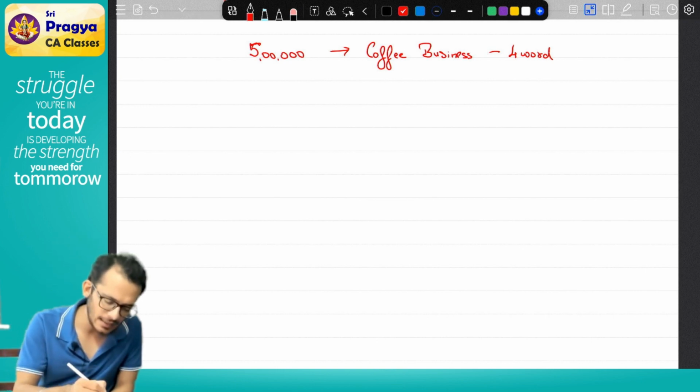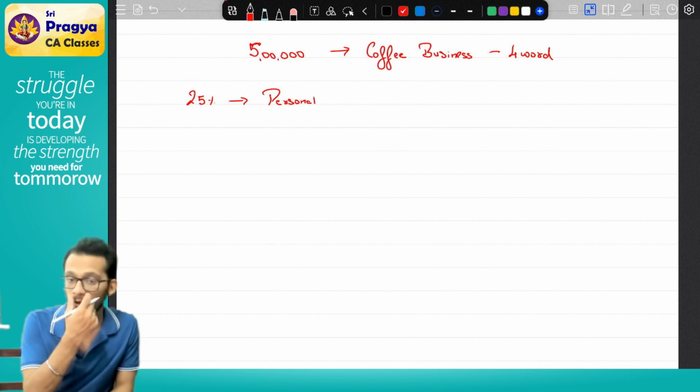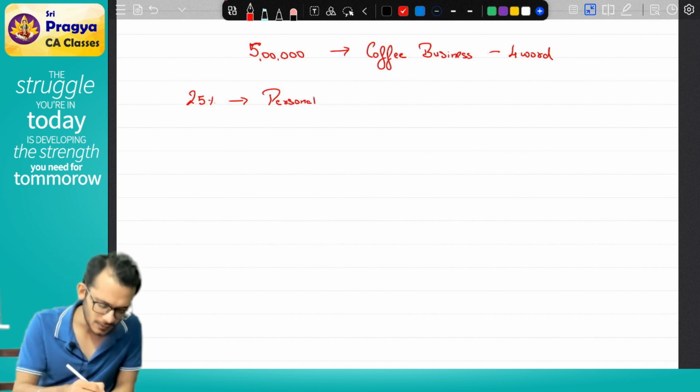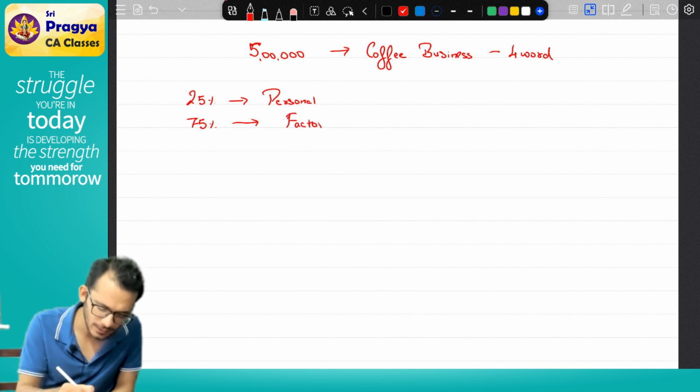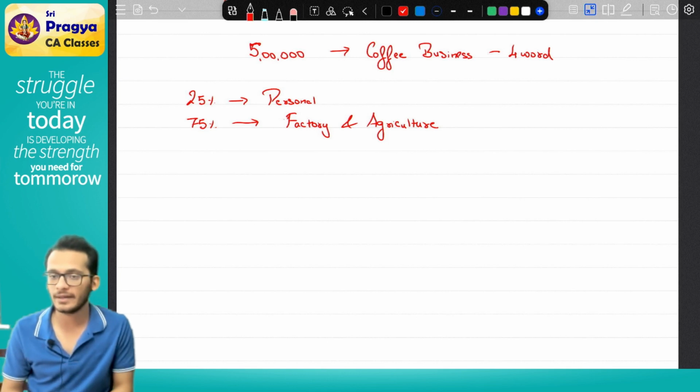This asset, actually speaking, I am using 25% of it for personal, and 75% of it is used for the factory and agriculture.